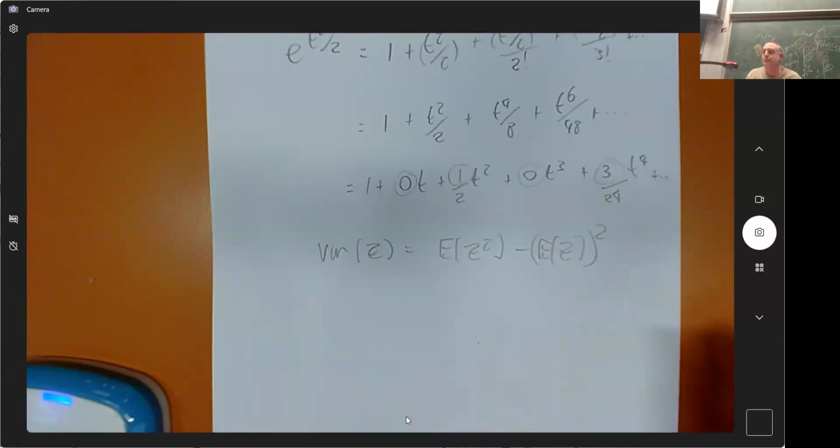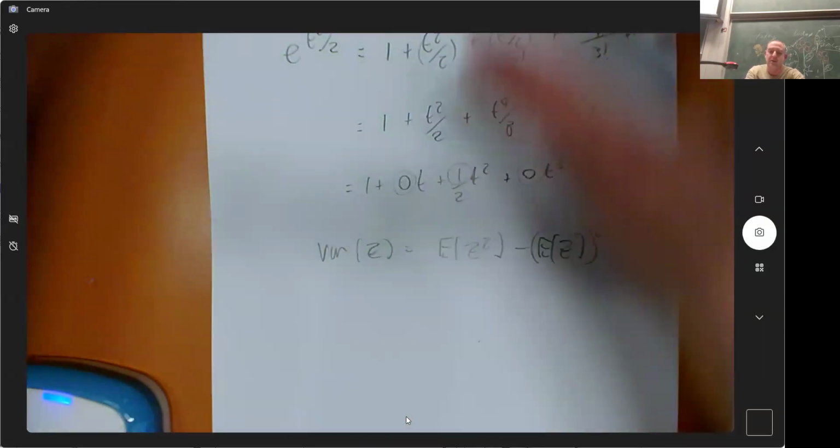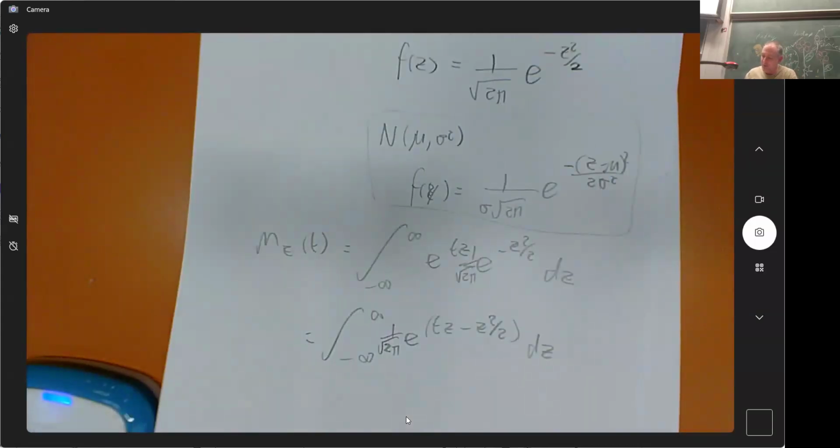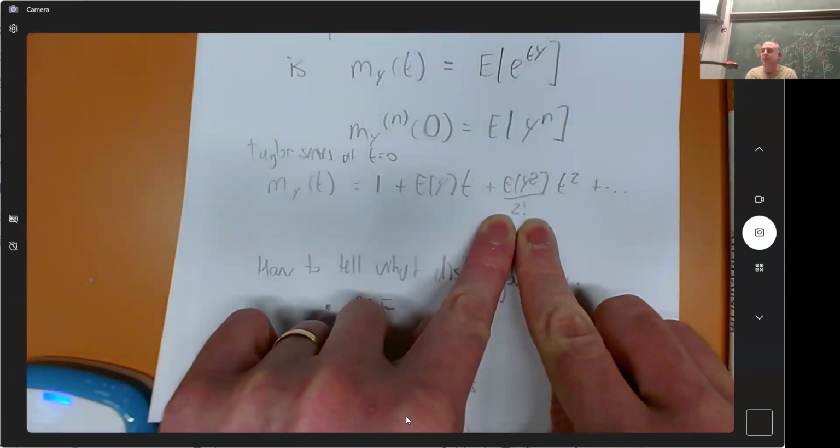So the first moment is 0, which makes this 0, and then your second moment would be coefficient t squared. No, it would be the coefficient of t squared divided by, so when you wait, there's a 2, you have to factor in the 2 factorial on the bottom.